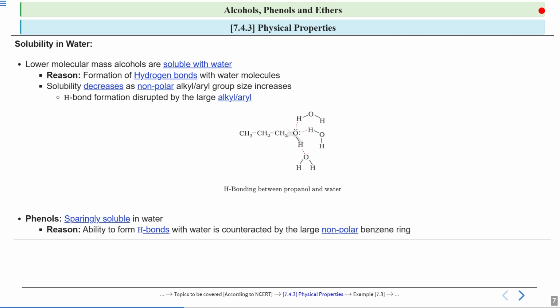So the ability to form hydrogen bonds is counteracted by this non-polar benzene ring, and phenols are sparingly soluble in water. Lower molecular mass alcohols are more soluble in water. I hope this solubility in water point is clear to you.